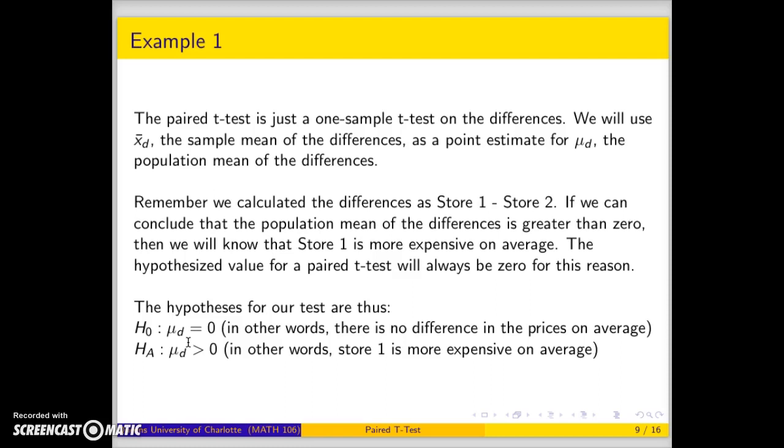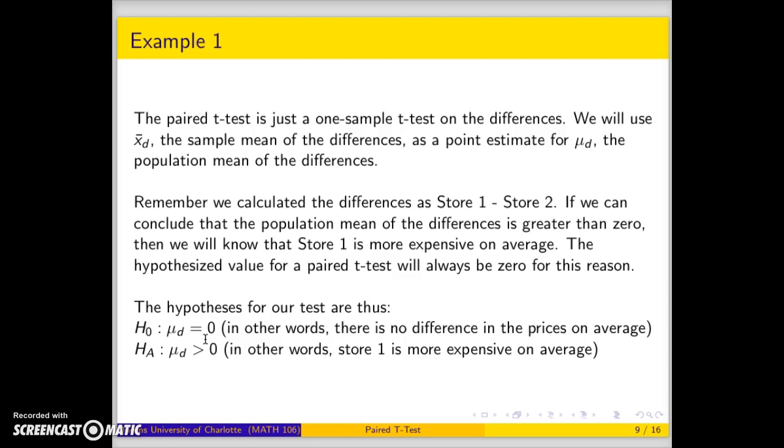So for our example, our hypotheses are right here. We wanted to know if we could conclude that store 1 was more expensive than store 2. So the null hypothesis is that there is no difference in the prices on average, which means that mu d equals 0, versus store 1 being more expensive on average, which we said is mu d greater than 0, since we did store 1 minus store 2.